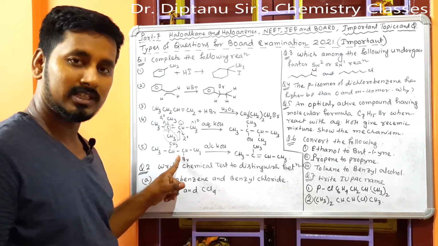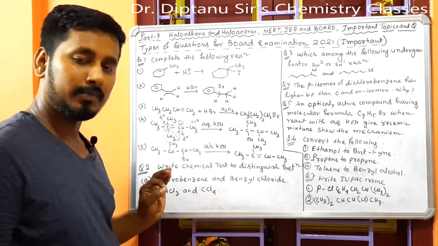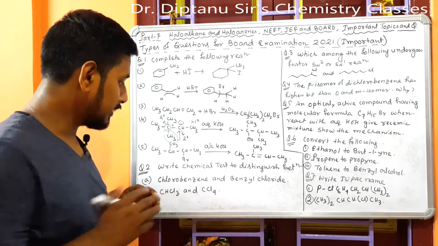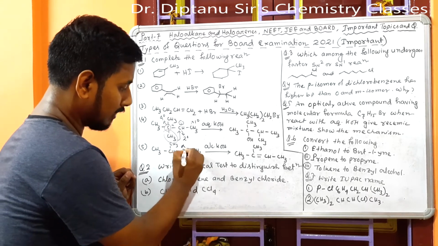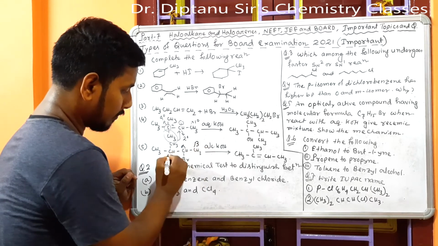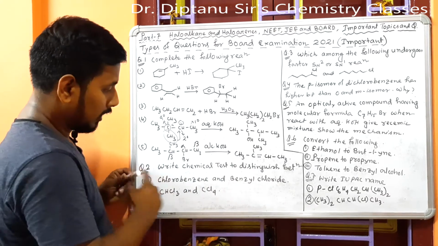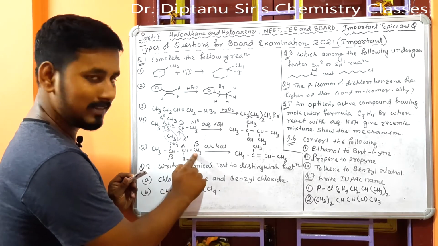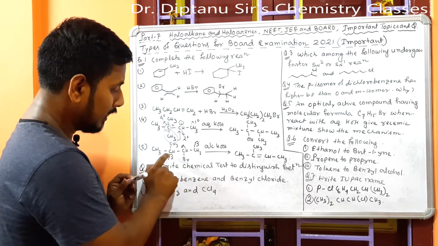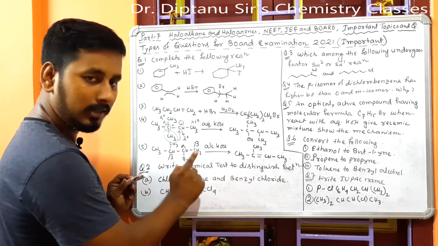We know that in the Saytzeff rule, the poor become poorer, meaning the hydrogen will be removed from that particular beta carbon atom. See, bromine is attached with this carbon, so this is alpha, and this is a beta carbon, and this is also a beta carbon. Among these 2 beta carbons, this carbon is more alkylated, this is less alkylated. More alkylated means this carbon is attached with more carbon atoms, but this carbon is attached with only one carbon atom.